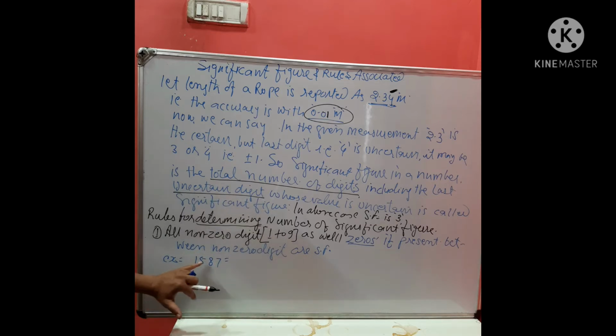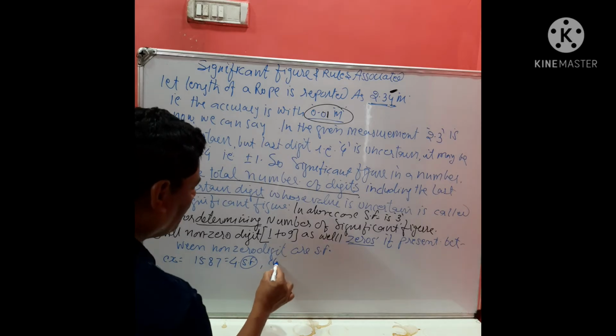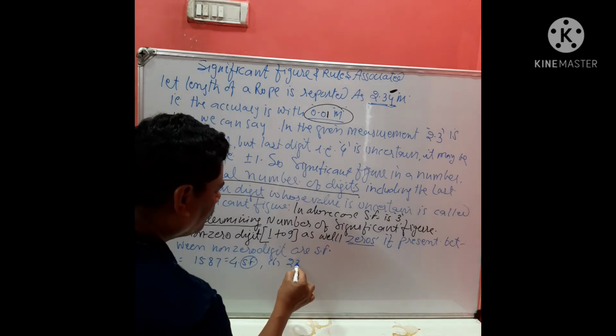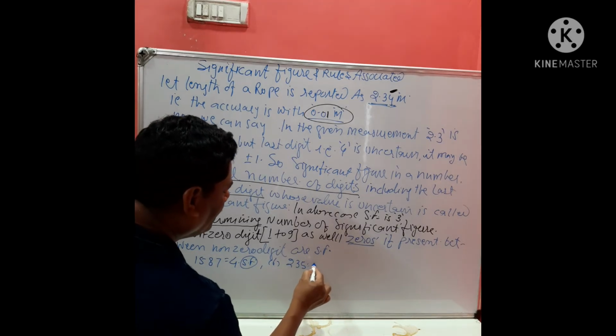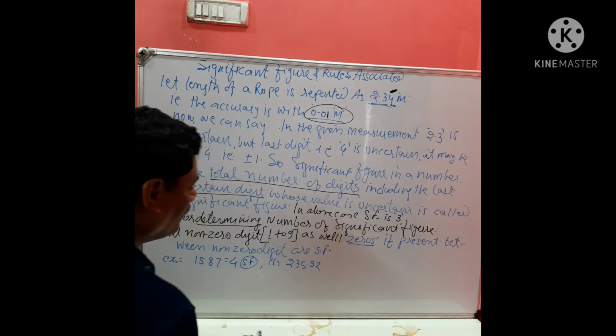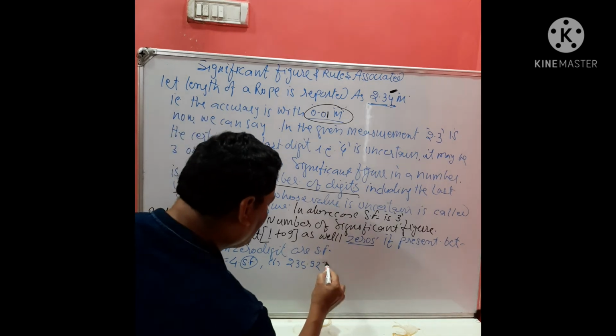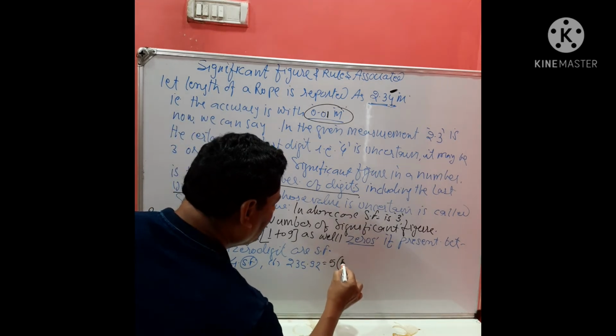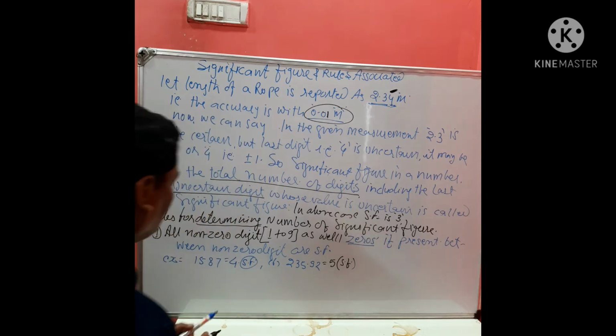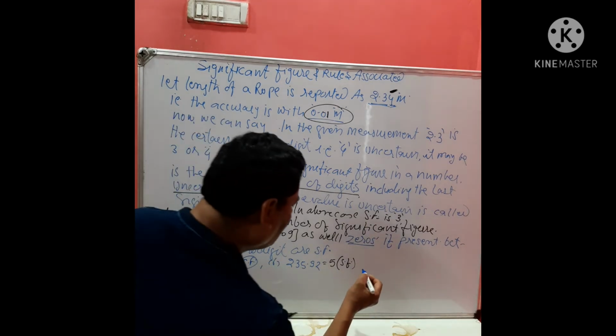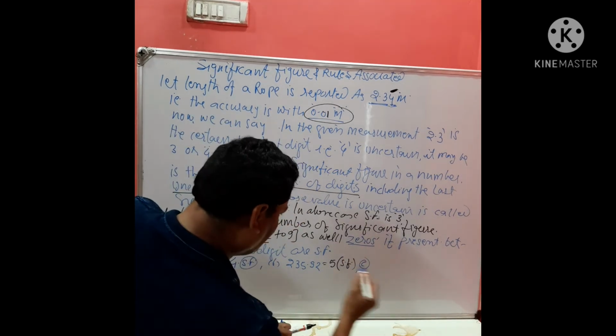How many total digits are there? 1, 2, 3, 4, so simply there are 4 significant figures, isn't it? One more example, B: 235.92. The total significant figures will be 5.